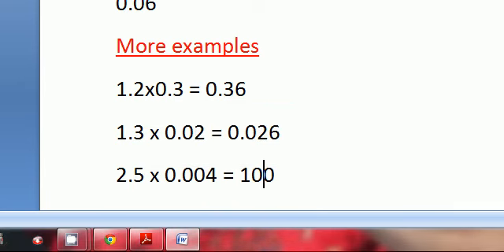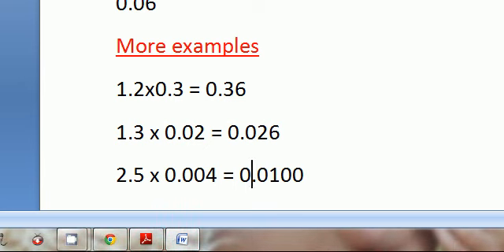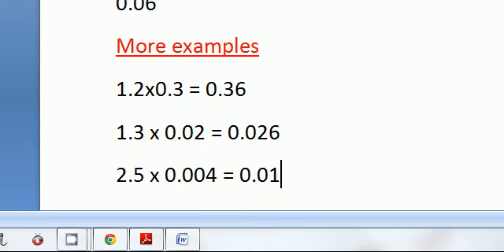So move back 1, 2, 3, add a 0, 4, decimal point and a 0. Now we already know that the trailing zeros on the rightmost part are insignificant, so we can remove them, and so the final answer is 0.01.